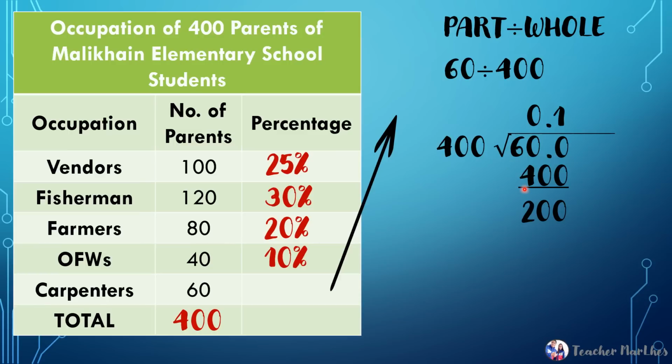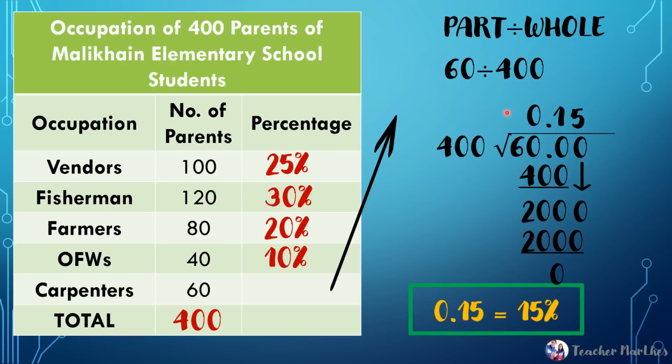So, may remainder. We will add 0. Bring down 0. 2,000 divided by 400 is equal to 5. 5 times 400 is equal to 2,000. So, subtract. 2,000 minus 2,000 is equal to 0. So, the quotient is 0.15. So, i-convert natin siya sa percent.